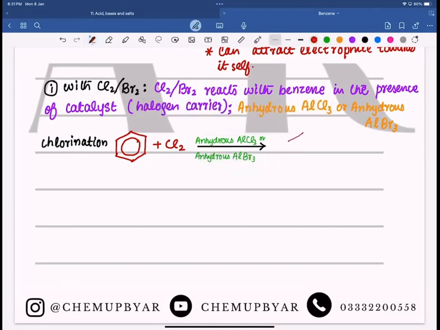What will happen? We know that in the benzene ring there are 6 carbon atoms and each carbon atom is bonded to a hydrogen, right? One of the hydrogens is displaced by one of the chlorine atoms, and the hydrogen that is displaced bonds with the other chlorine to form HCl.